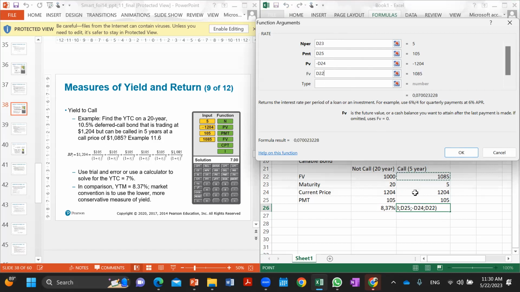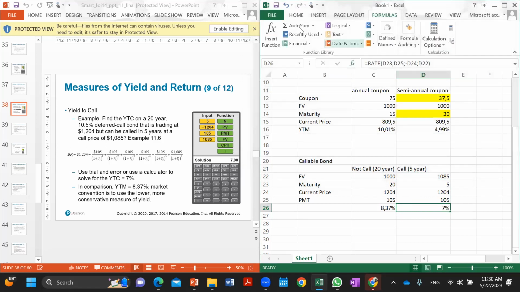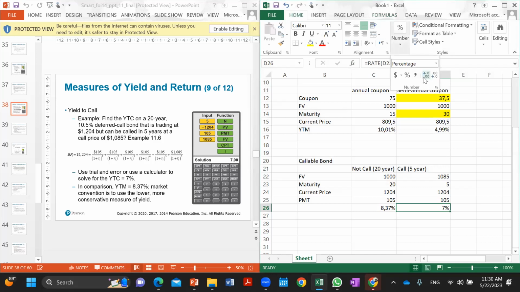This is the callable price. Now we click OK, and then we get 7% yield.